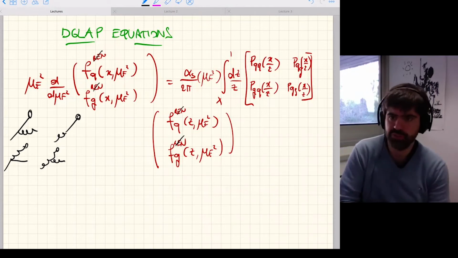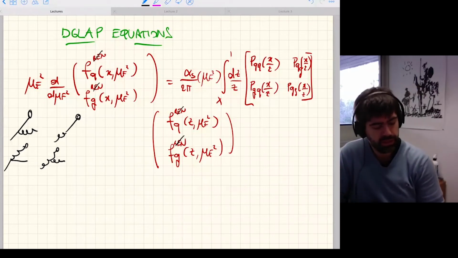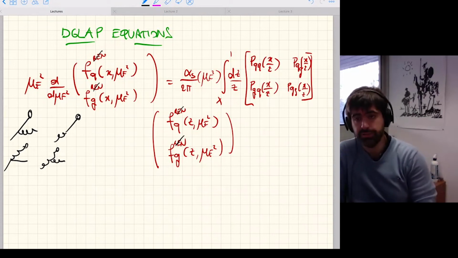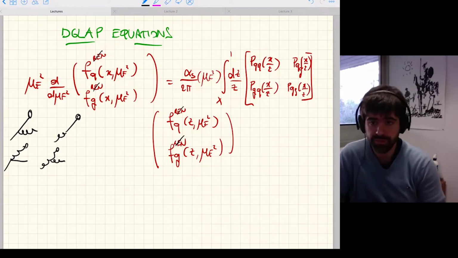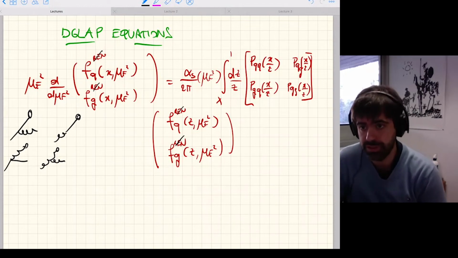PDFs are non-perturbative objects which I can use to absorb collinear singularities of my coefficient functions. They are non-perturbative. However, through the process of renormalization, they acquire a dependence on the scale mu_f. This evolution in mu_f, we say, is determined by perturbative QCD.